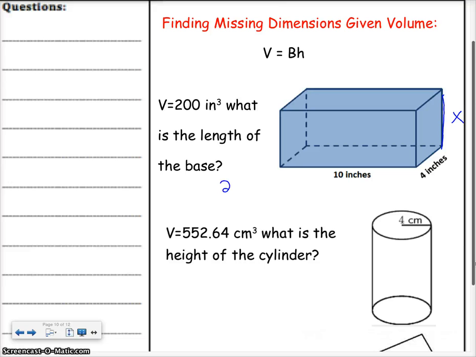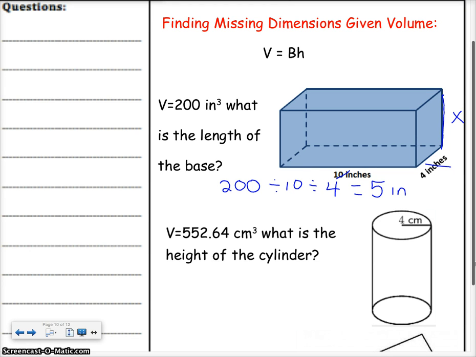So I would start with the number 200, and instead of multiplying everything, I divide. So I'm going to divide by the 10, I get rid of that 10, and then I'm going to divide by the 4, I get rid of that 4, and whatever I'm left with will be that missing dimension. 200 divided by 10 divided by 4 is 5. And this would be 5 inches.